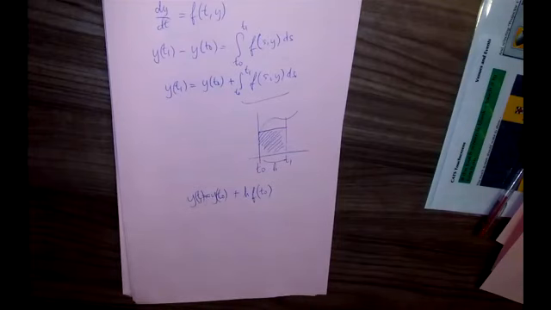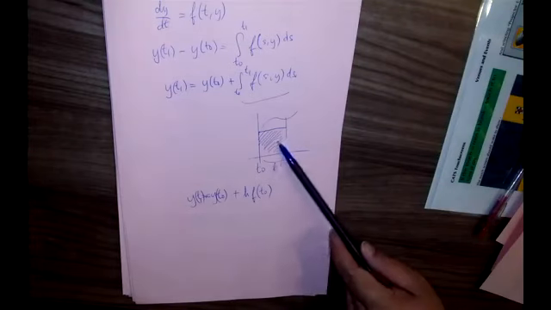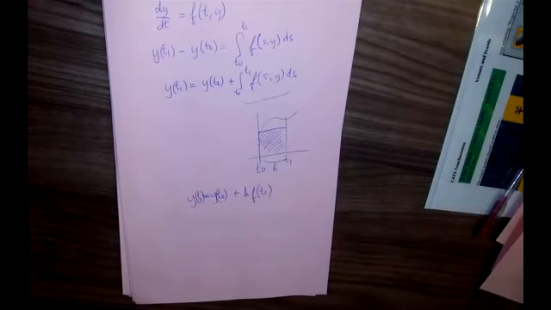Okay, so what is here? You approximate this integral by the width multiplied by the height of the rectangle, yeah? And then from here you can define y1, yeah?